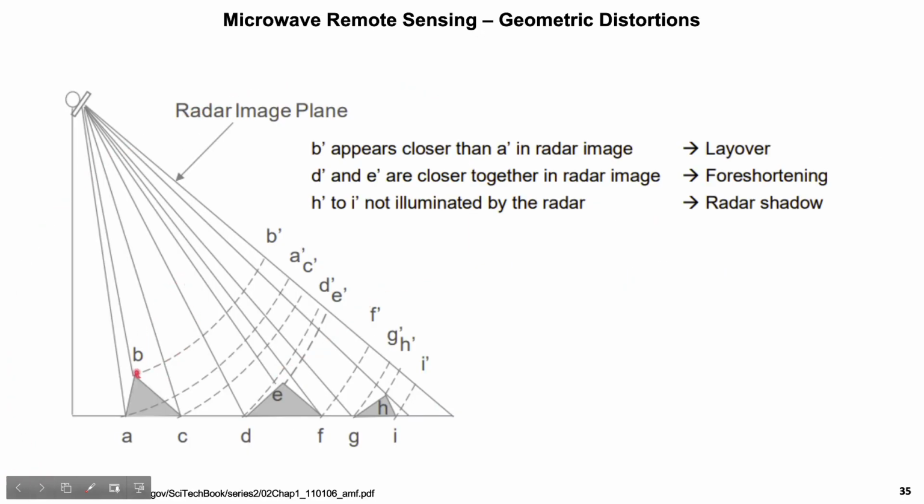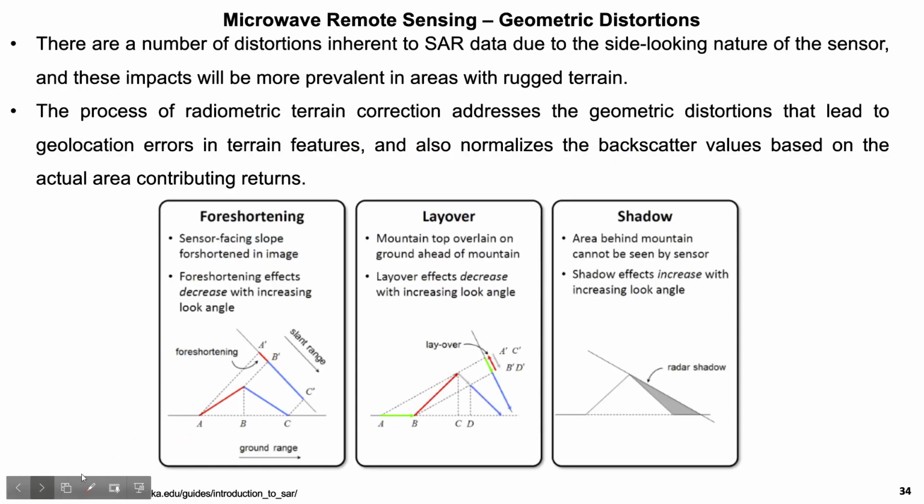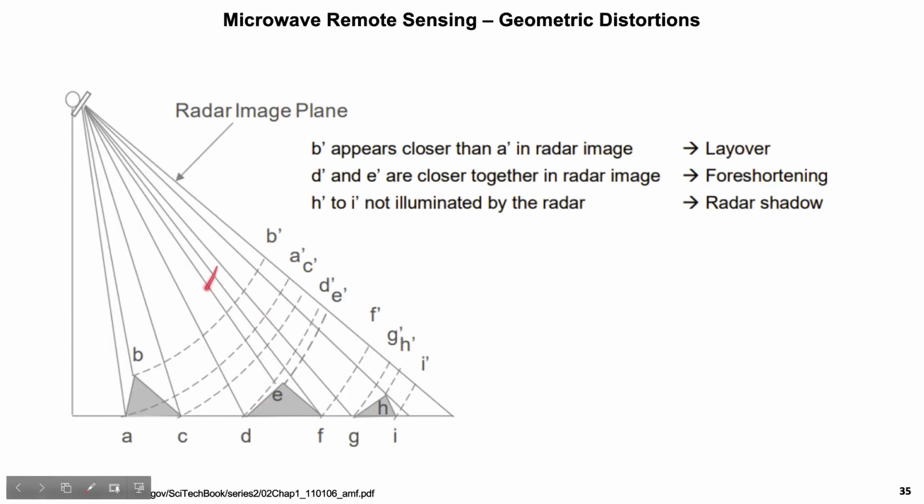To understand it more clearly, here everything is in orthogonal directions, but actually how our radar will project all these objects to our slant ranges, it's going to have a cylindrical kind of projection.